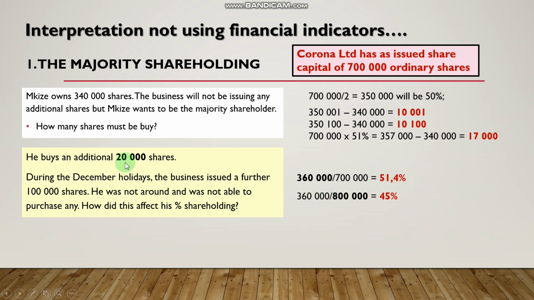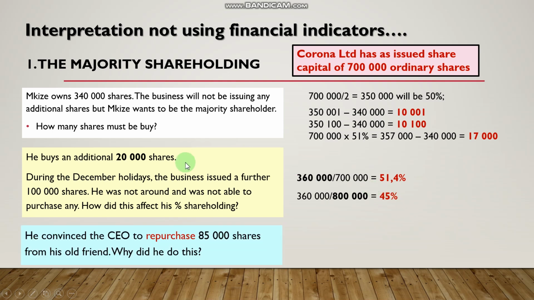But now the company issued an additional 100,000 shares, he still has 360,000, so he's gone down to 45%. So he's no longer the majority shareholder in the company. So that's where that question would stop. Because how did it affect his shareholding? His shareholding dropped to 45% and he's no longer the majority shareholder in that company.